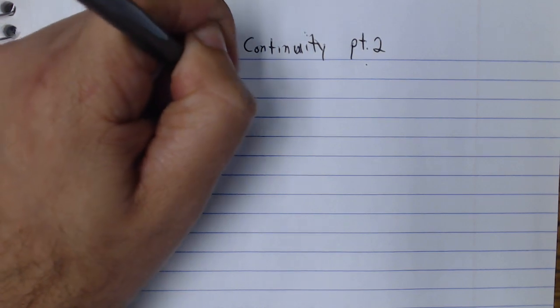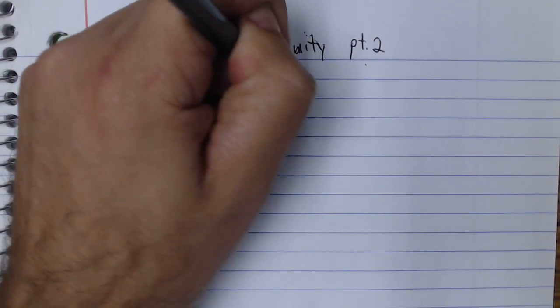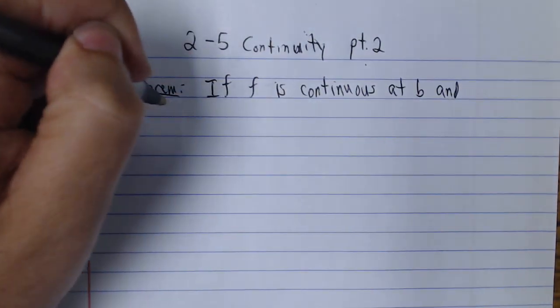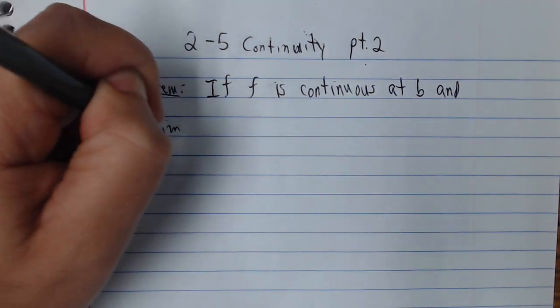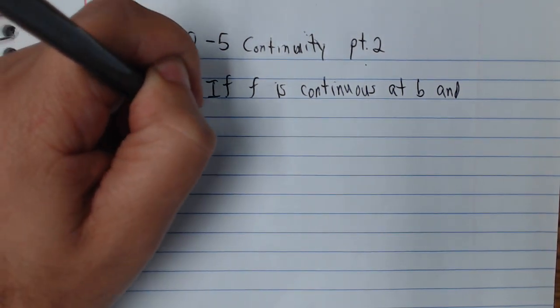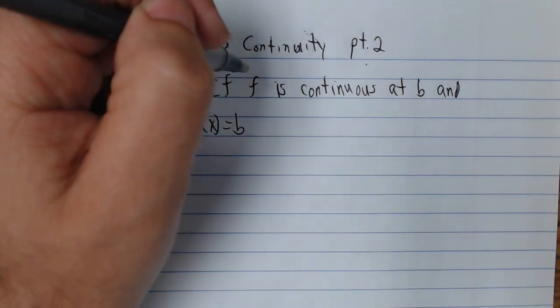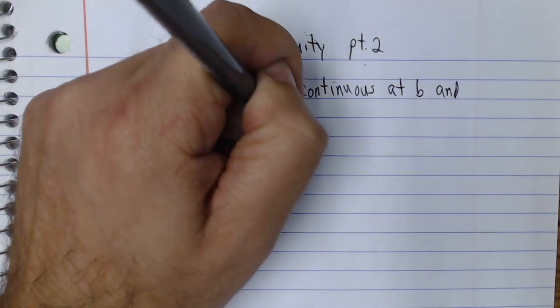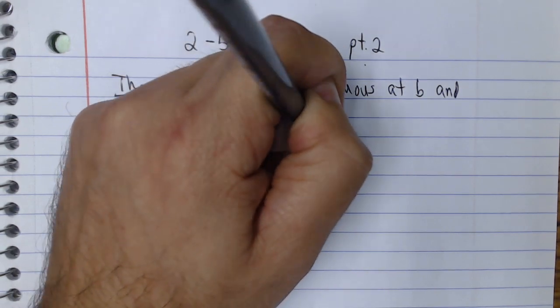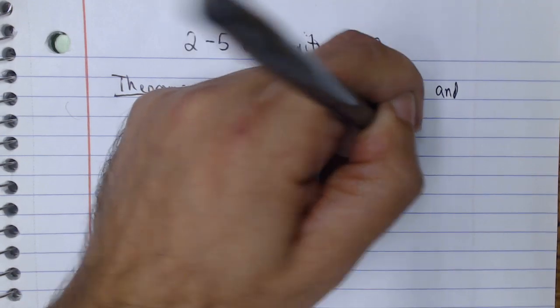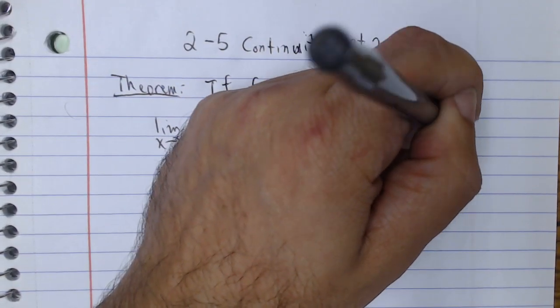So we could say if f is continuous at b and the limit as x approaches a of g of x equals b, then we can say that the limit as x approaches a of f of g of x is just the same thing as f of b.